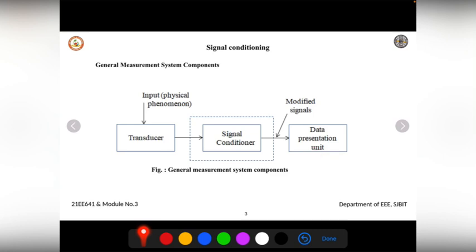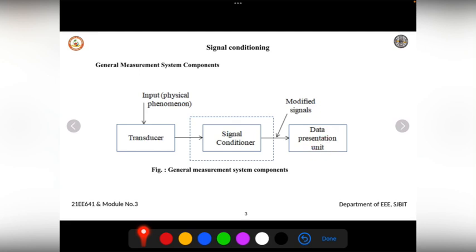The necessary modification is carried out in the intermediate stage, which is called the signal conditioner. The last stage of the measurement system consists of an indicating, recording, displaying or data processing element, and it may also consist of control elements.